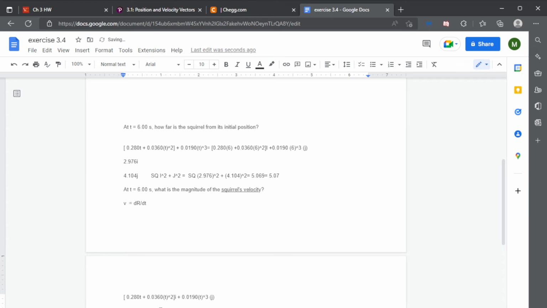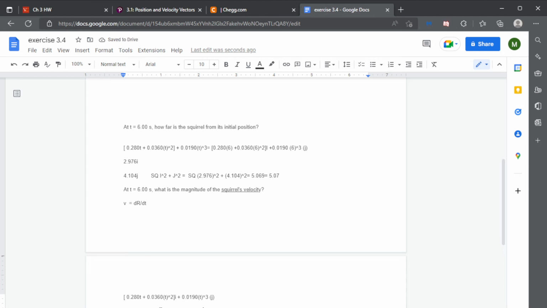And same thing for the other side, the one we just did for j. 0.0190 times 3 will equal, let me write it down so it'll be easier for me, 0.0570 times t squared. We take care of the i first.